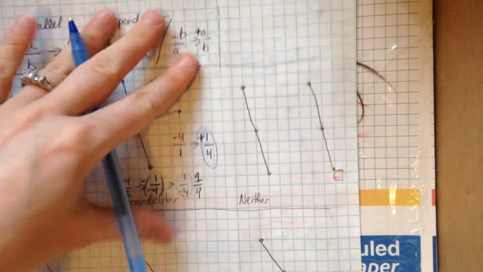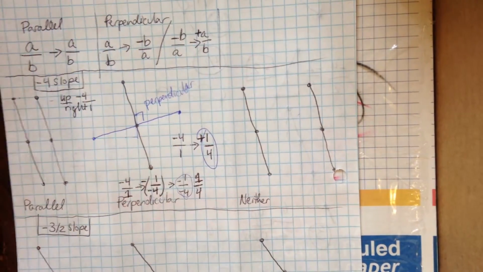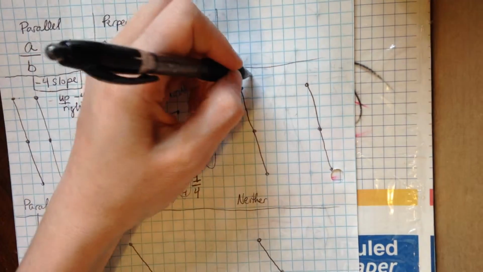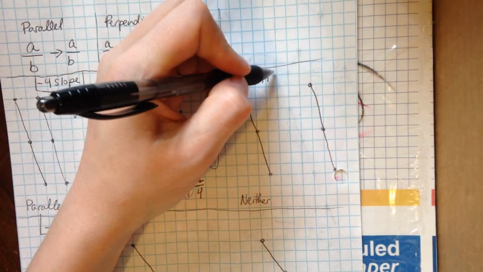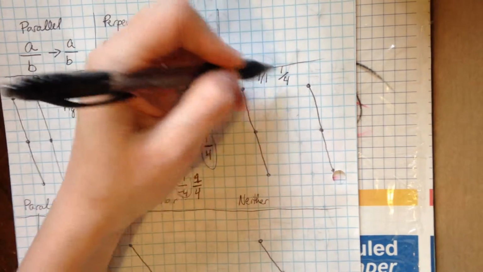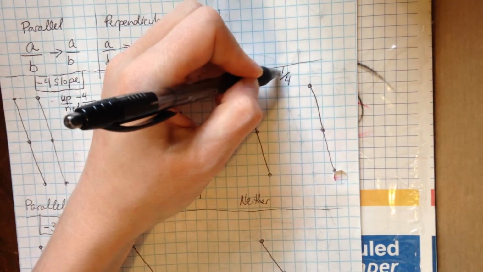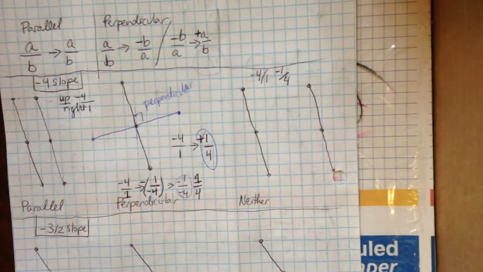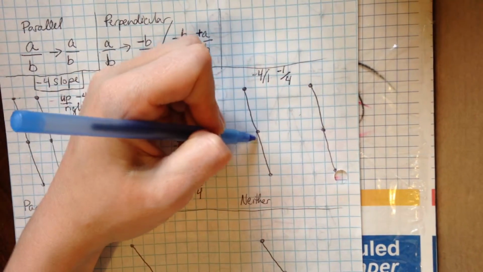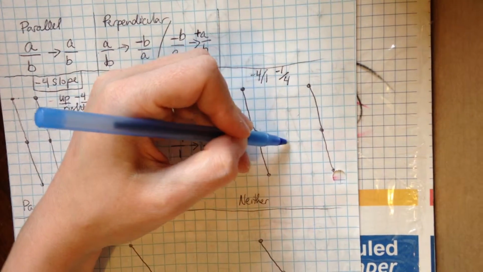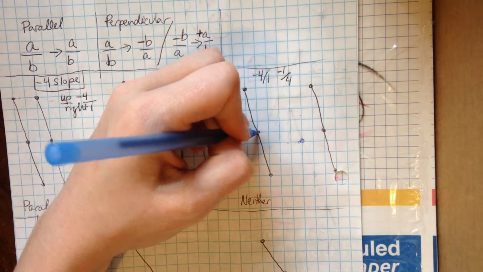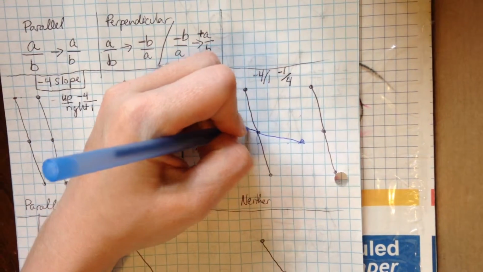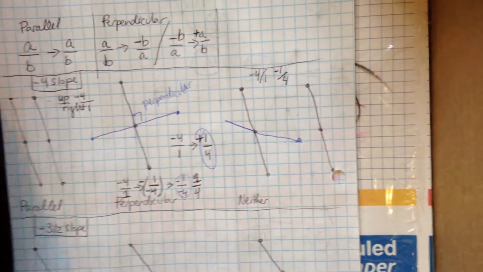Let's say you made a mistake. You had said -4 over 1 becomes 1/4, and since this is negative, we're going to keep this negative. This is what would happen in your graphing. You're going to go down 1, and you're going to go right 4. And you're going to see that, yes, these are intersecting, but do they intersect at a 90-degree angle?